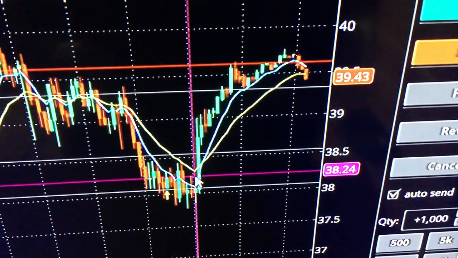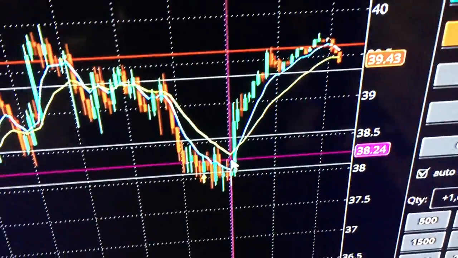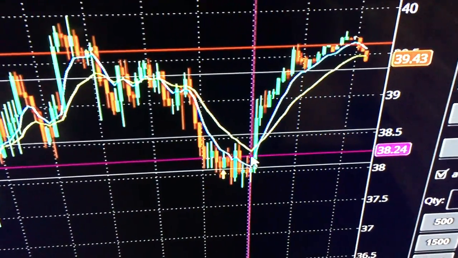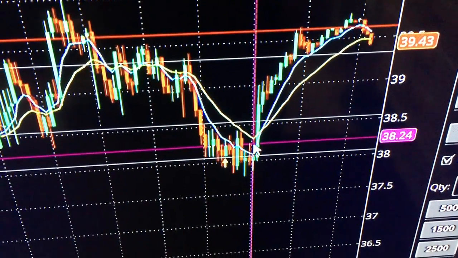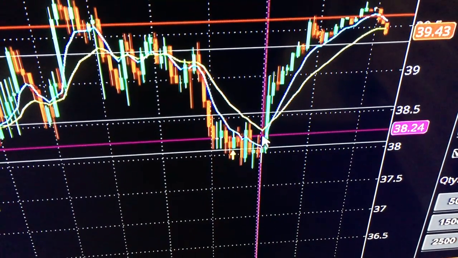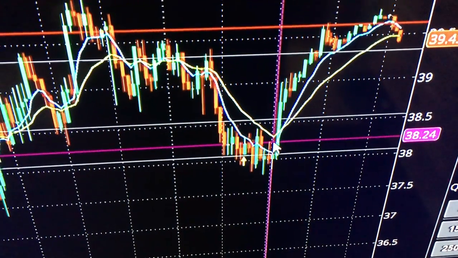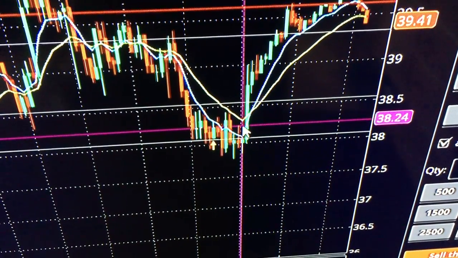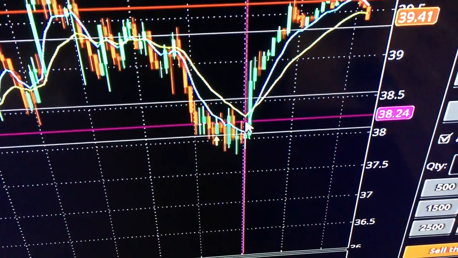But I took no trades. Spent most of the afternoon, well, when I got to the computer, it was mostly consolidation, untradeable areas, and then I went to bed and essentially missed all of the action.